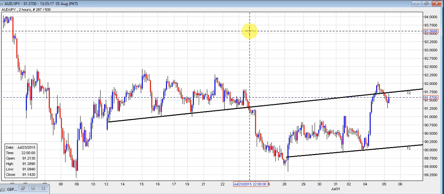Now you give me any fresh new pair, even one I have never traded in my life, exotic or any other pair like that, and it'll take me maximum 4 or 5 minutes to do a layout on daily, weekly, 8 hours, 4 hours and 2 hours, and I'll be ready to take a position on that pair, because I have spent enough time.